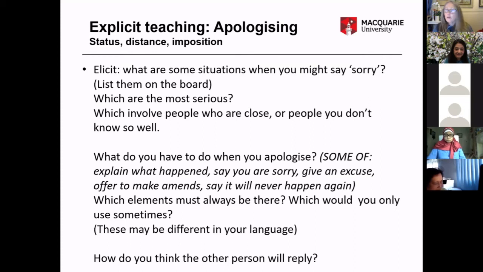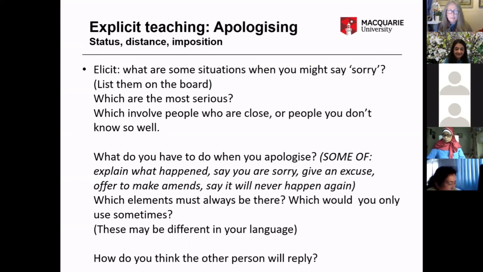Maybe you might make an offer to make amends, like, I'm really sorry that I broke your toy. I'll make you another one. Maybe you might say it might never happen again. And different cultures do these differently. So some of these might always be there. For example, the bit where you say you're sorry is pretty much always there, but the excuse is not always there. And saying it will never happen again is not always there.